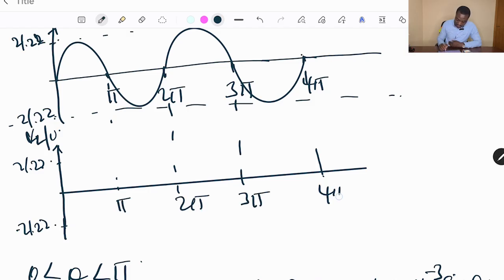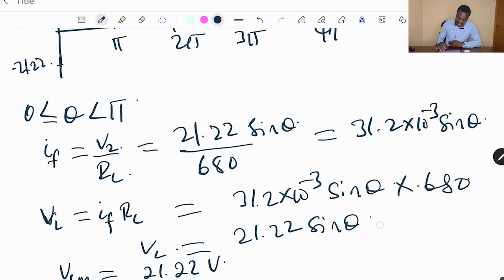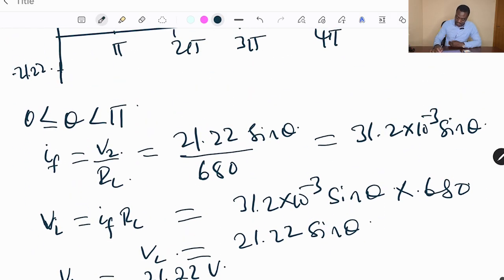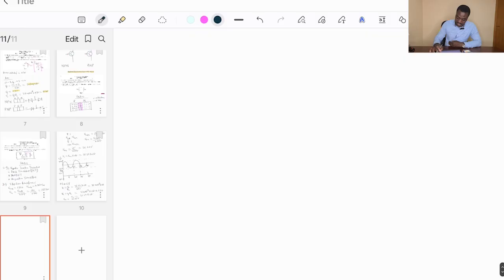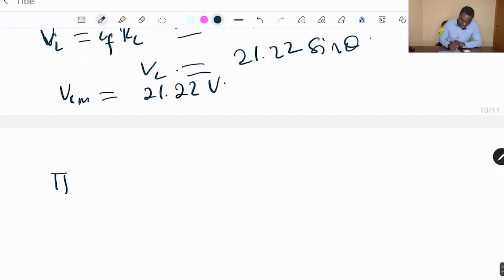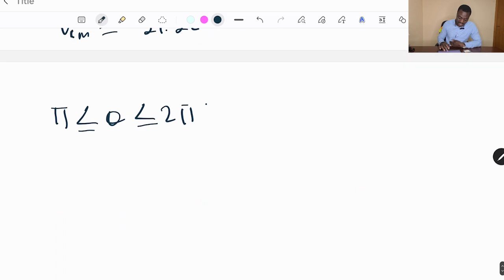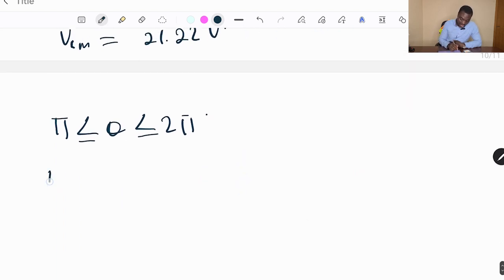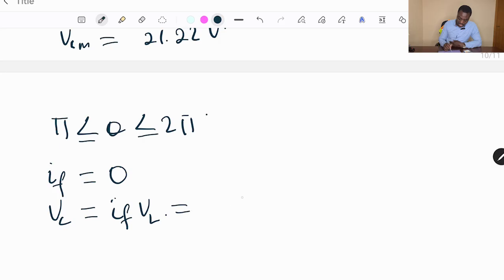And then when we have the next alternation, from pi to 2 pi, we have a negative alternation, so the diode is reverse biased. The forward current is going to be 0, and as a result the load voltage is also going to be 0.